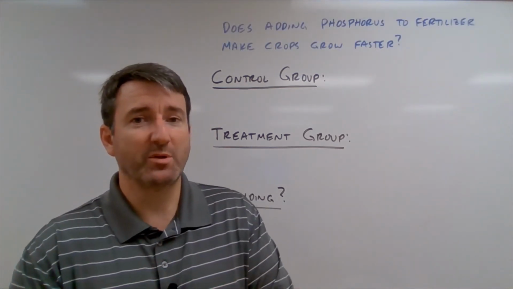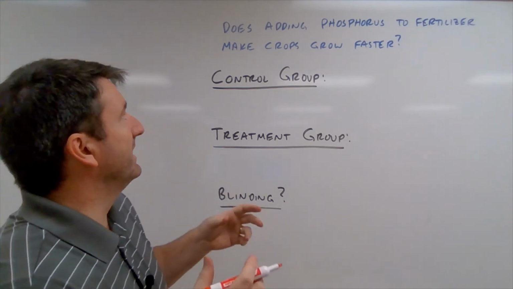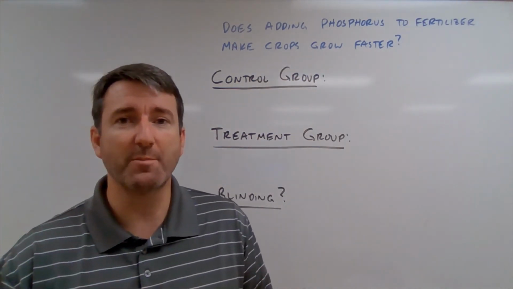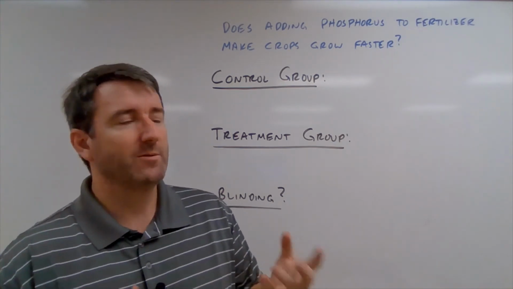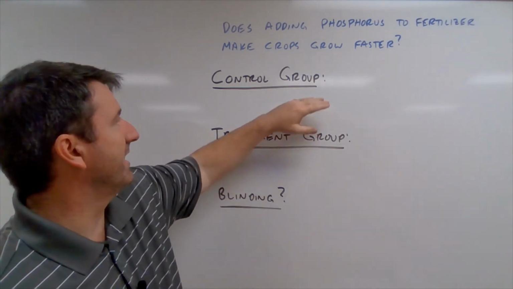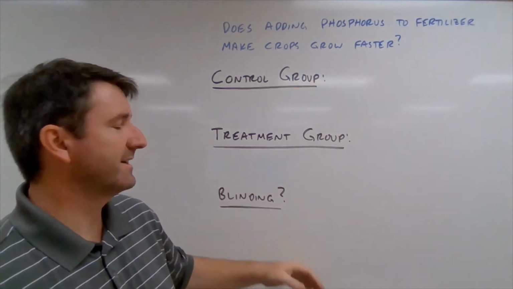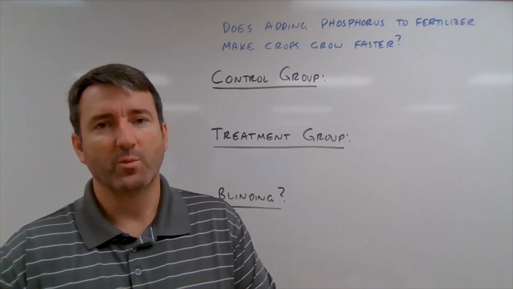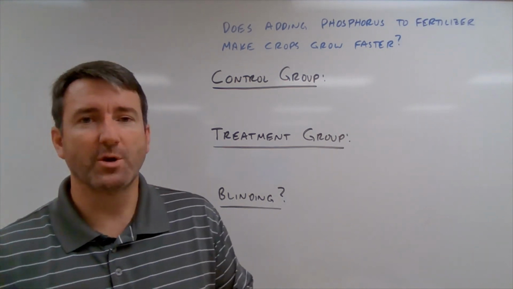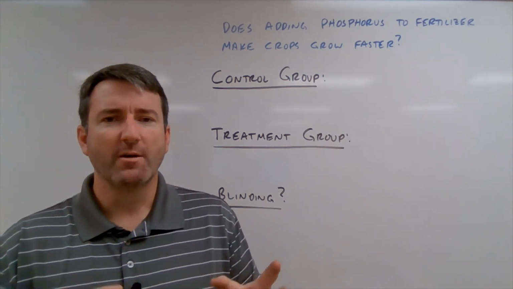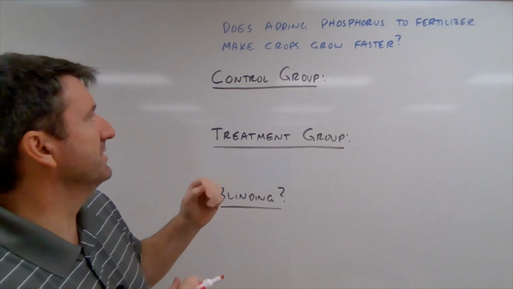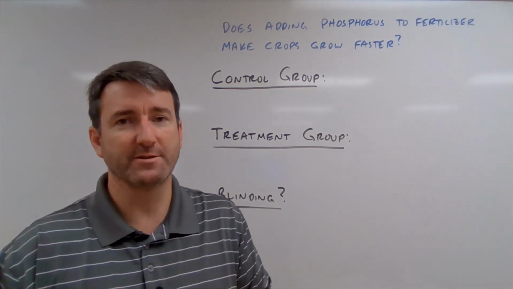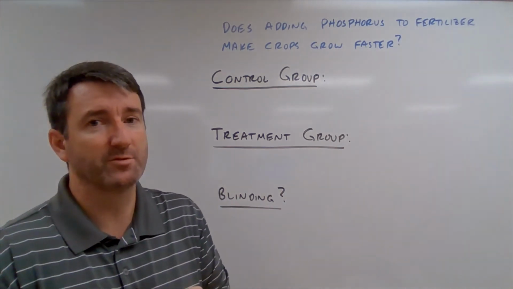In our second example, we're given an experiment that asks whether adding phosphorus to fertilizer makes crops grow faster. And we're asked to give a control group and a treatment group and to comment on whether blinding, either single or double blinding, would be necessary. All right, so for the treatment group and control group, we're testing whether phosphorus in fertilizer helps the crops grow faster.